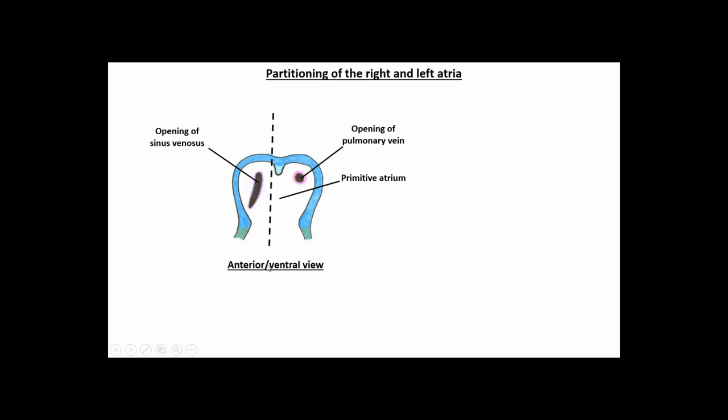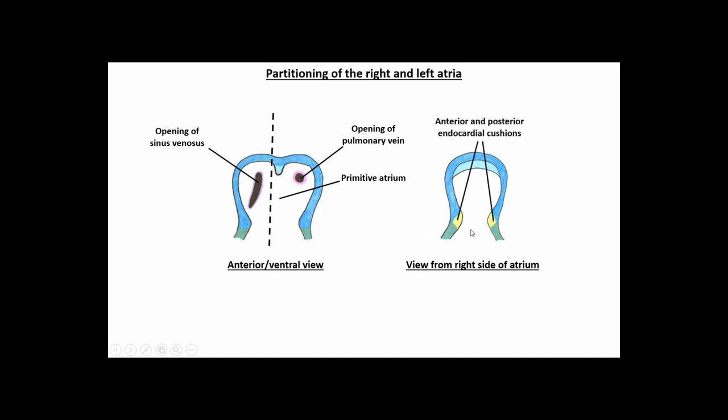Now if we take a little cut through here, what we see, viewing it from the right side, so if we're over here, where the cursor's at, looking towards the heart, we're going to see that the anterior and posterior endocardial cushions are growing together, and they're bringing this atrium closer together as they seal off the central area of the common atrioventricular canal. And we've got this little bleb. From the front view, or the anterior view, this little bleb is just hanging down in between the midline of the primitive atrium.